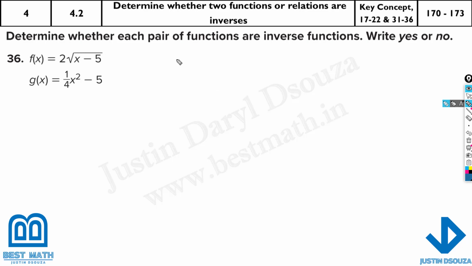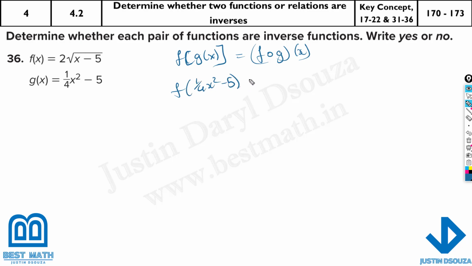And here as well, let's try f of, see, I'm not writing all the steps, but initially you can write f of g of x. And then that means, what is that? f composition g of x. And now we can substitute, what is g of x? It is 1/4 x squared minus 5. That is equal to 2 square root 1/4 x squared minus 5 minus 5.